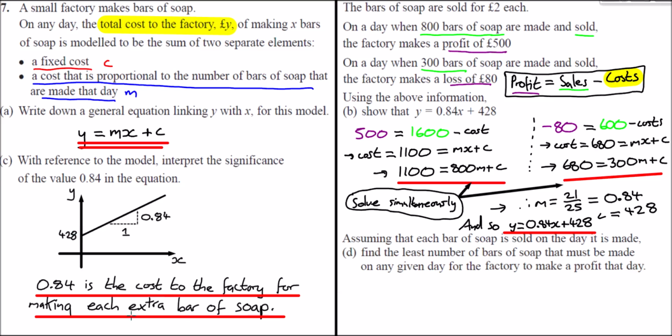By using the word extra, I'm saying what the price is going up by each time a bar of soap is added. So it's going up in increments of 84 pence for each extra bar of soap that is added onto the production queue. It's not to say necessarily that to make one bar would be 84 pence. So I'm just being a bit careful of the wording there to make sure the examiner's got no excuse to dock me a mark.